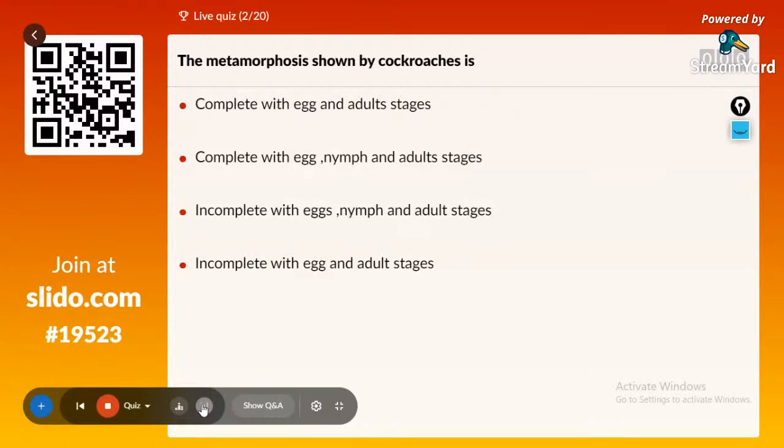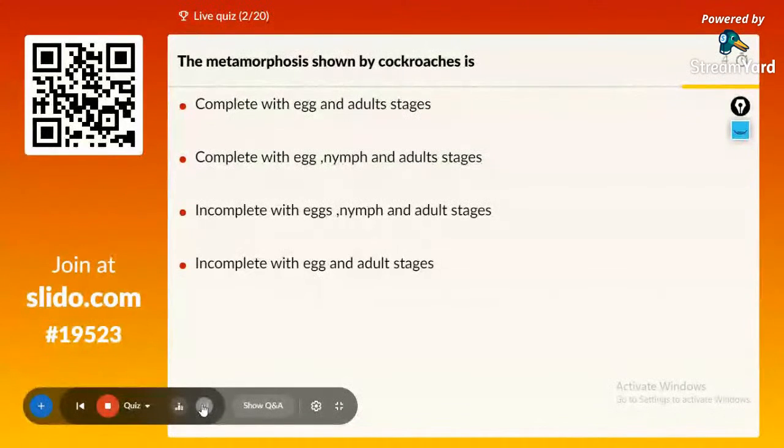The metamorphosis shown by cockroaches is complete with the egg and adult stages, complete with the egg, nymph and adult stages, incomplete with the egg, nymph and adult stages, or incomplete with the egg and adult stages. 10 seconds for you to answer the question.